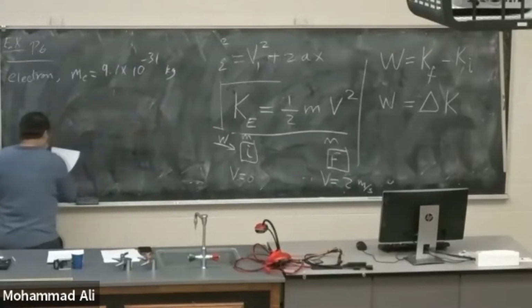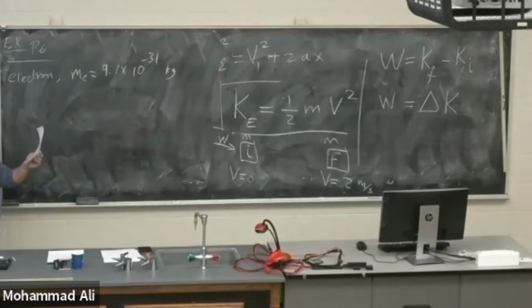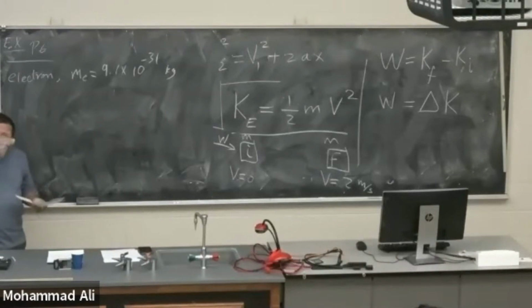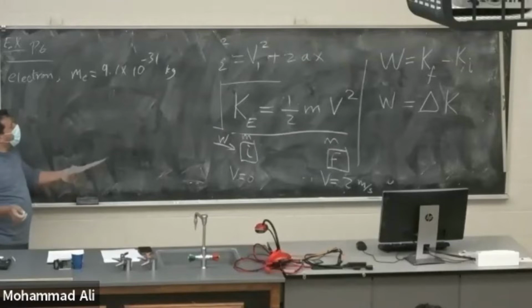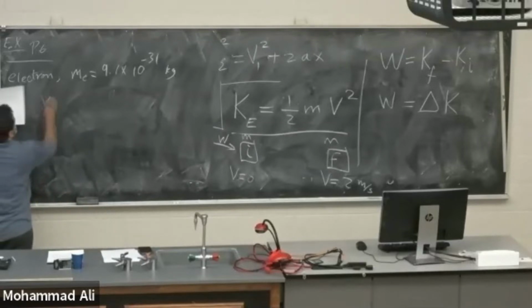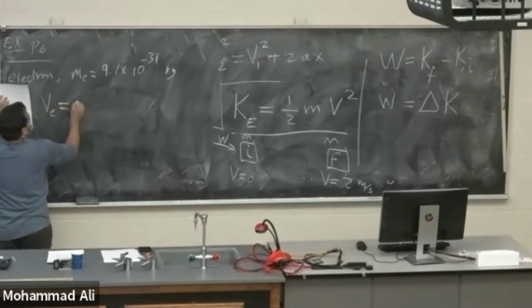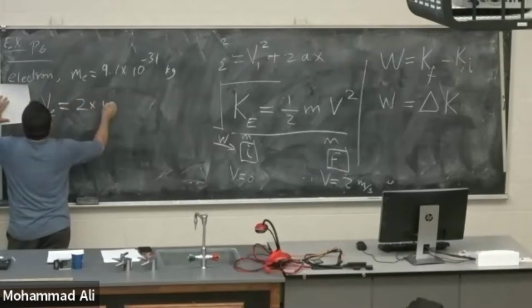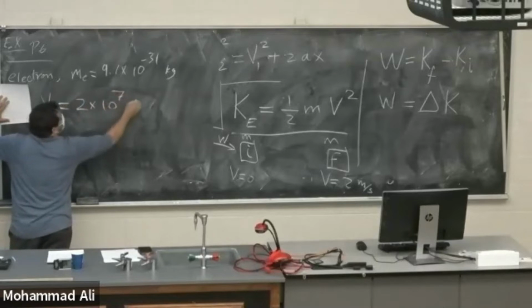But its velocity around the hydrogen nucleus, the hydrogen atom, is very high. Yes, it is very light, but its velocity is very high. Its velocity for this electron is 2 multiplied by 10 to the 7 meters per second.